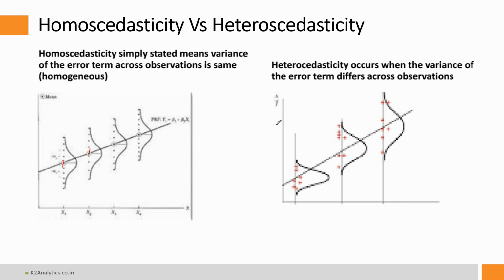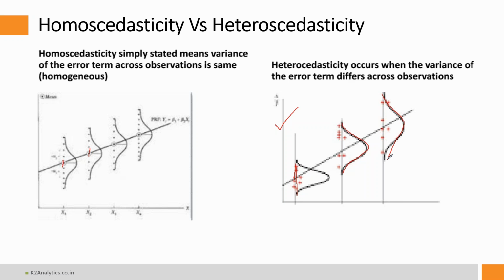However, in the graph on the adjacent side, you can clearly see the variance of the error differs. If I take different cross sections, here the variance is less, here it is wider, more spread out, and here it is further increasing. So there is heteroscedasticity in the second graph.